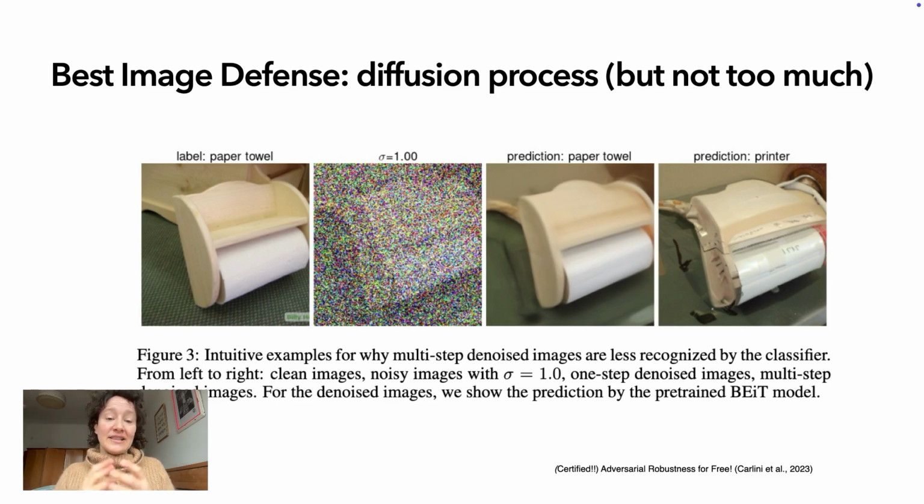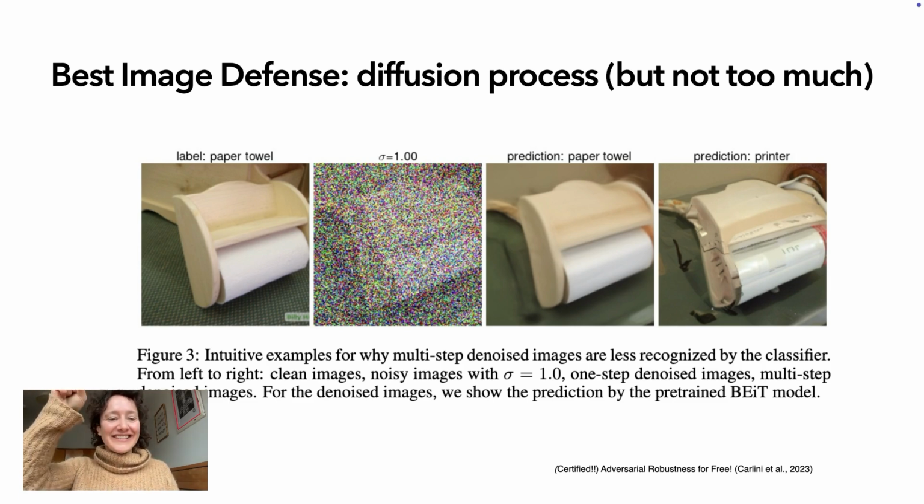So in this paper, by Carlini et al., they add adversarial noise, and then use a diffusion model trained with a diffusion process that can remove the noise. And what they found is they only want to run that diffusion process once, because if they run it more than once, it actually starts changing the original input and adding artifacts of the training examples.